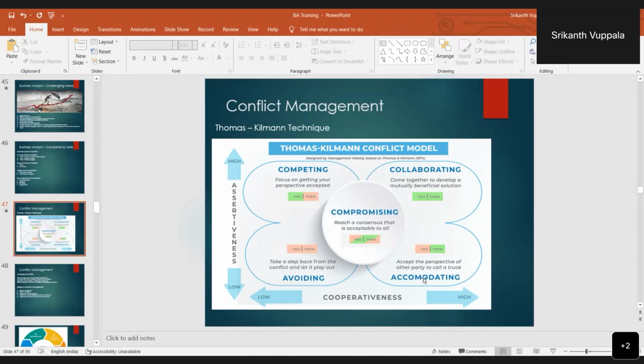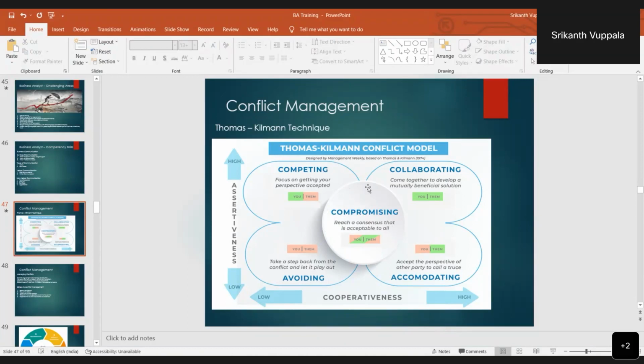Okay, and accommodating: accept the perspective of the other party, taking turns. The people under this category will accommodate themselves to accept the proposal, or they will also add some additional value to the proposed solution. Okay, you have to categorize the people within these categories, and you have to identify the common people.